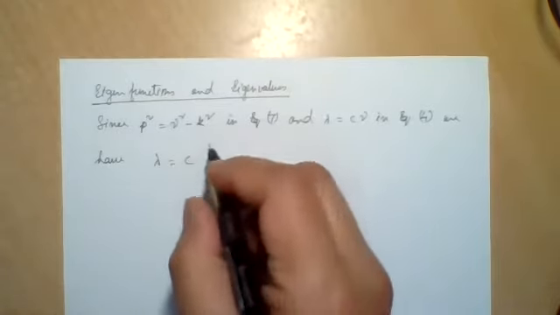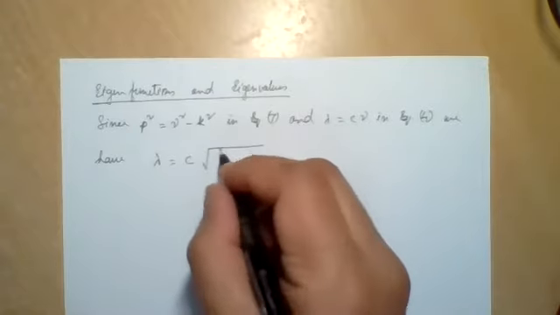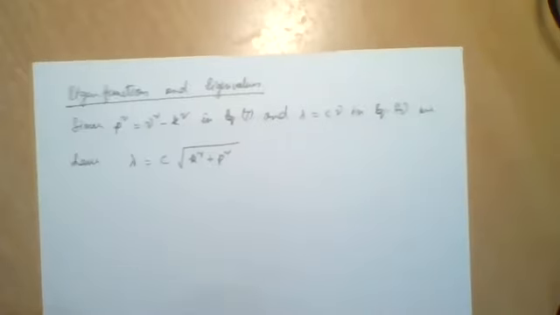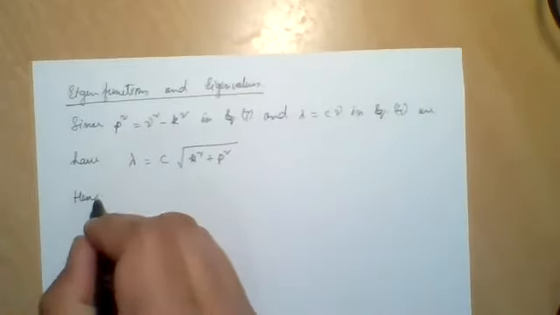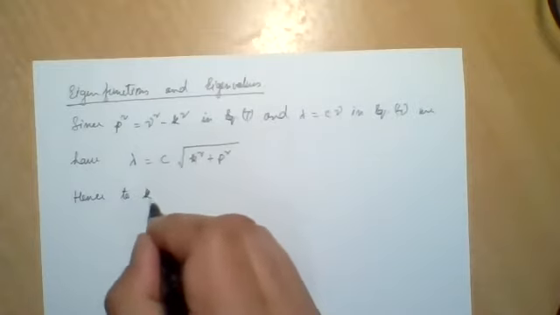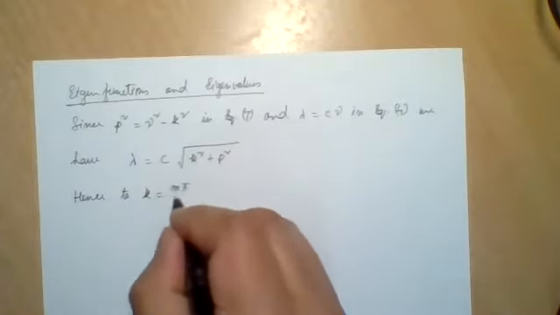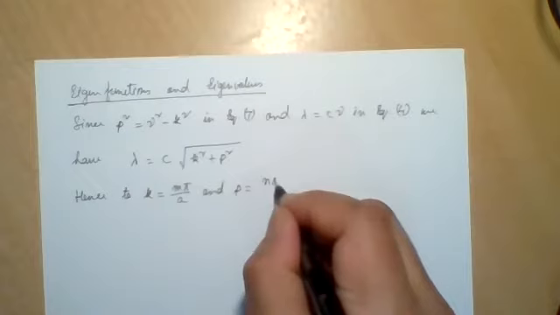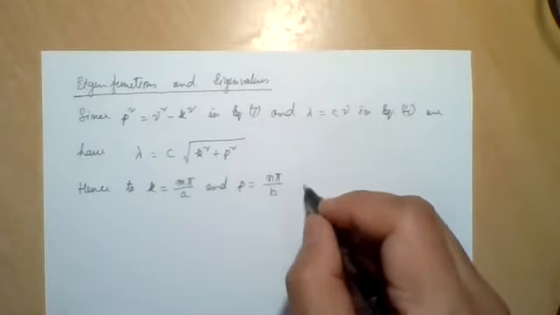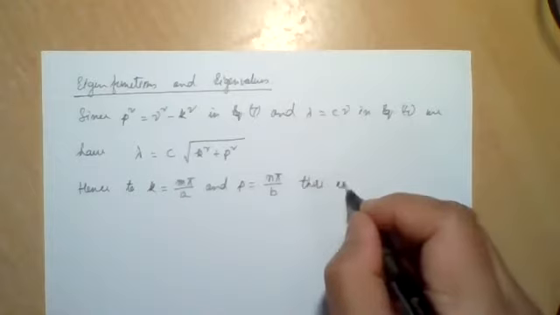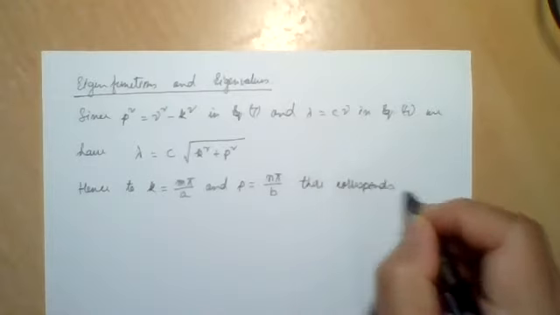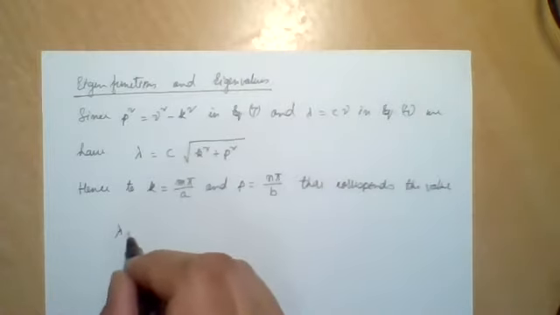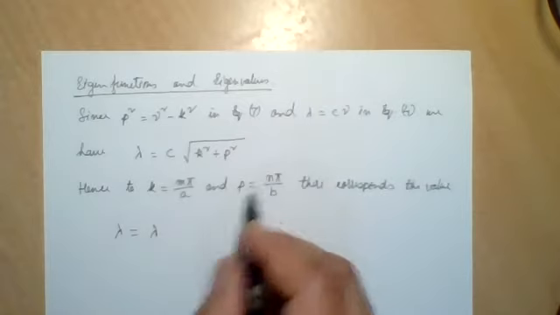lambda equals c times root over k square plus p square. Hence, to k equal to m pi by a and p equal to n pi by b, there corresponds the value of lambda given by, now it will depend upon two parameters m and n.